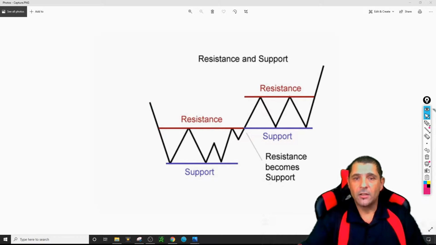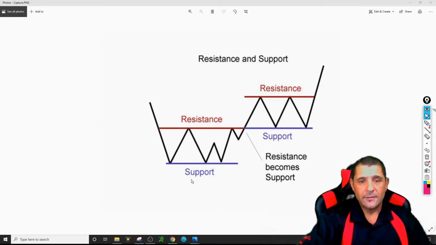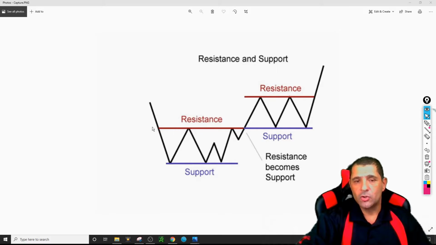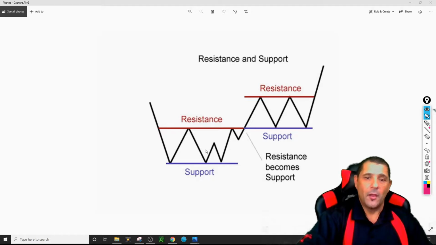Okay, right here I have another picture that I can show you. The market goes to a support, sometimes it comes down and bounces higher, goes to a resistance line, and then goes down to a support line. Sometimes it doesn't go back to resistance up here, because they sell before it even reaches the top of the resistance, but the market will come down and confirm the support line.